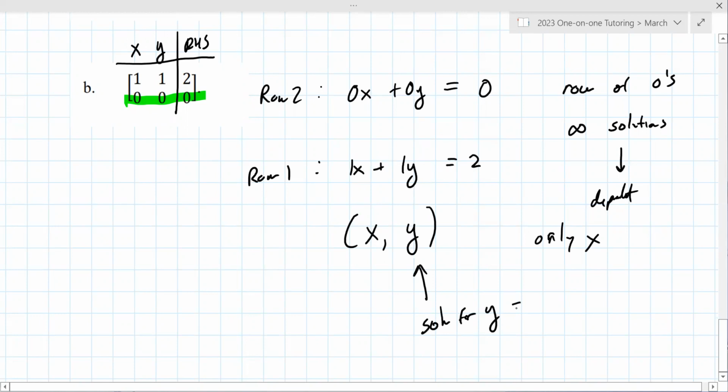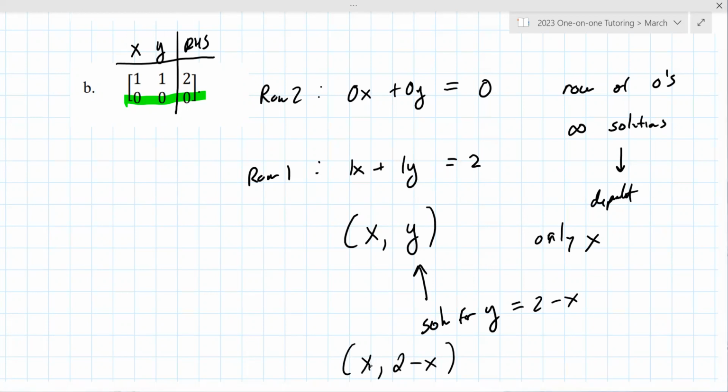Y would equal 2 minus X, and that's how you present your answer. Okay. Thank you. That also makes sense now.